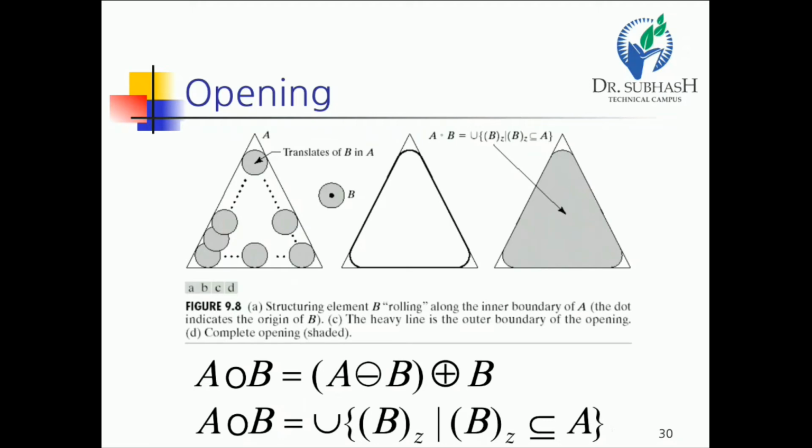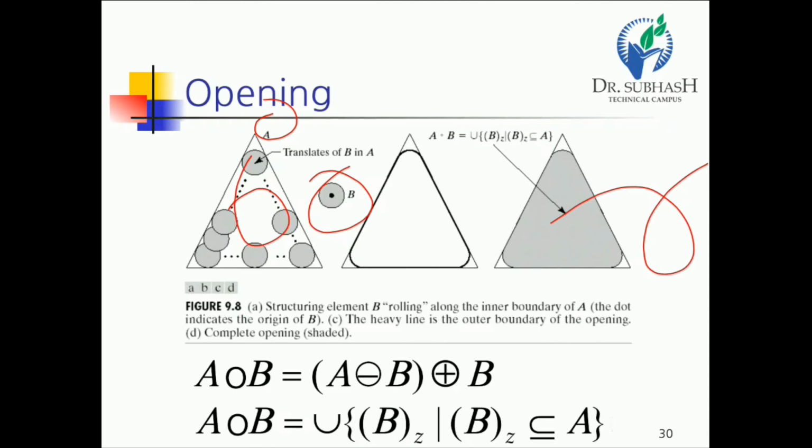Figure A represents the structuring element B rolling along the inner boundary of A. This is the structuring element and this is the boundary of A, and the dot indicates the origin of B. In figure C, the heavy line is the outer boundary of the opening, and the last one is the complete opening, shaded.